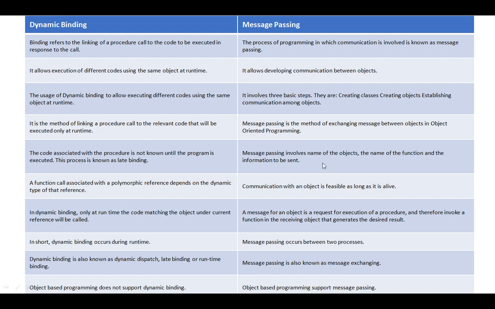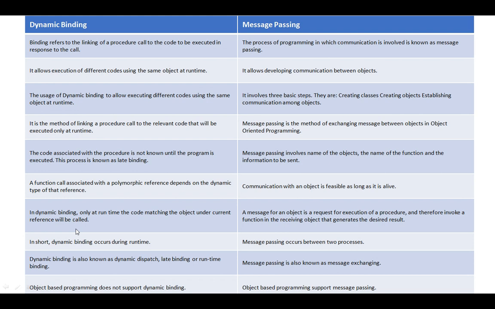In message passing, it involves the name of the object, the name of the function, and the information to be sent. In dynamic binding, the function call associated with a polymorphic reference depends on the dynamic type of that reference. In message passing, communication with an object is feasible as long as it is alive.